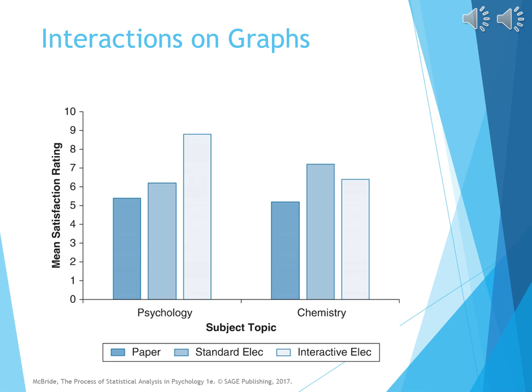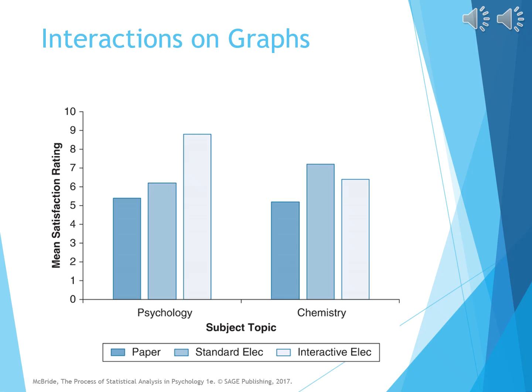The first thing you're going to notice is that if we just look at the psychology subject, we've got a bar for each of the textbook formats. The darkest one is for the paper format, and then it ranges all the way up to the interactive. So if we just look at that side of the graph for now, it looks like for psychology specifically, the interactive electronic version of that textbook got the highest rating from students.